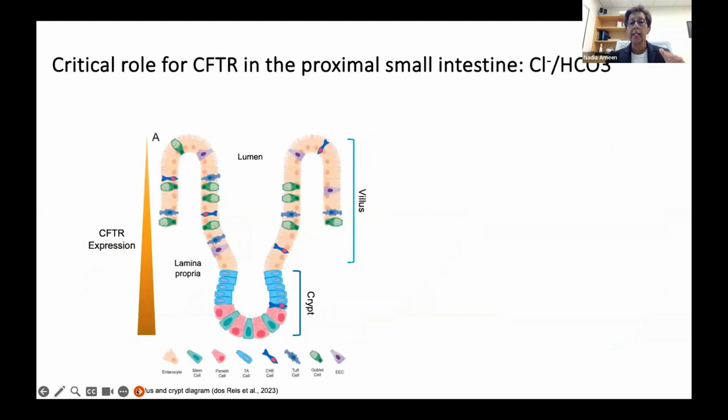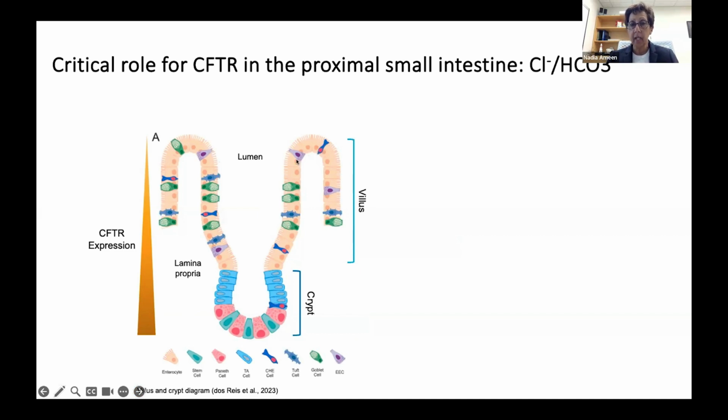So in the small intestine, CFTR has a critical role in chloride and bicarbonate secretion. Here's a diagram of the cells along the crypt-villus axis in the small intestine, where you have villi. The highest levels of CFTR are in the crypt, and the levels are lower in the villi, except for the high expressor cells, shown in bright blue.